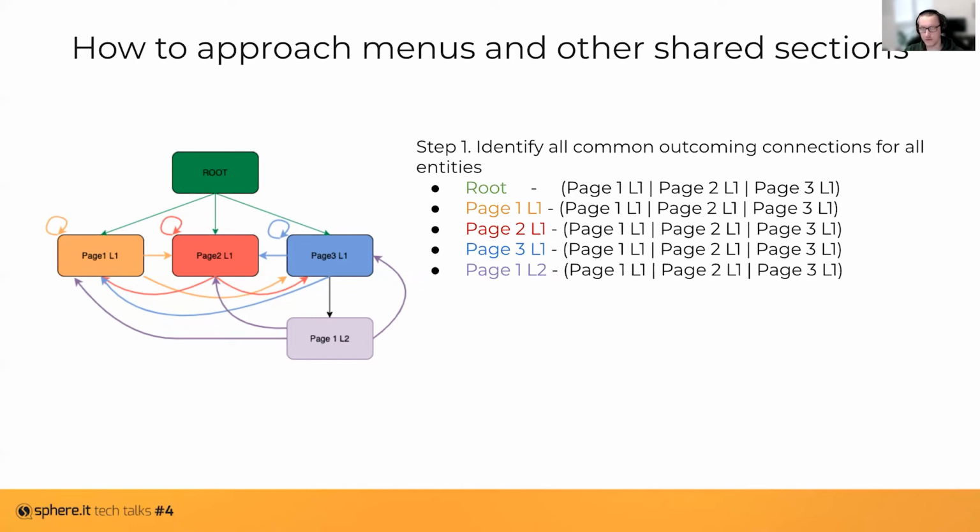So how to work with such situations? The first step is to identify all common outgoing connections for all entities, and I've listed them on the right side. So we have connections from root to all pages on the first level, the same for page 1 on first level, page 2, page 3 on first level, and page 1 on second level.